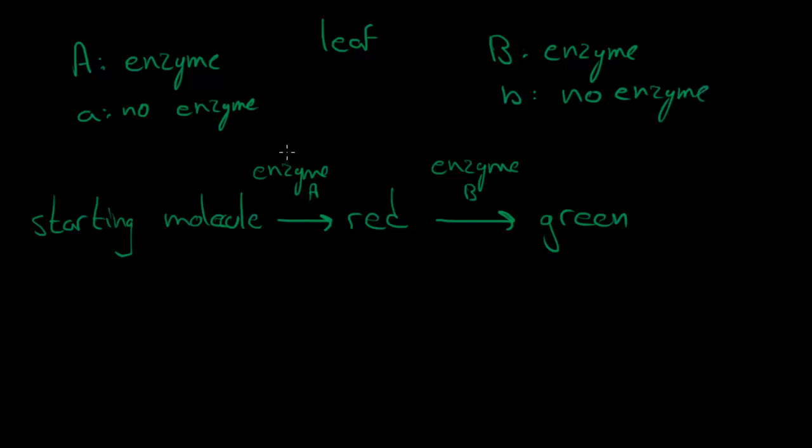So if this specific leaf has this genotype or this genotype, it means that this reaction will take place and the starting molecule will be converted into the red one. Now, if this same leaf has this genotype, homozygous dominant or heterozygous, it means that this reaction will also take place and the color of the leaf will be green.